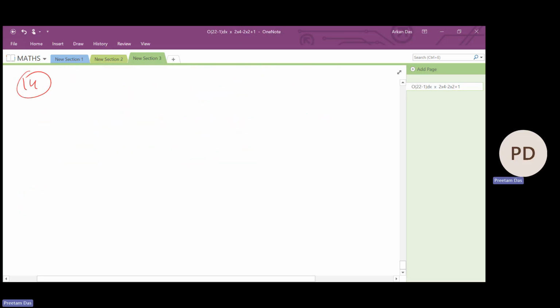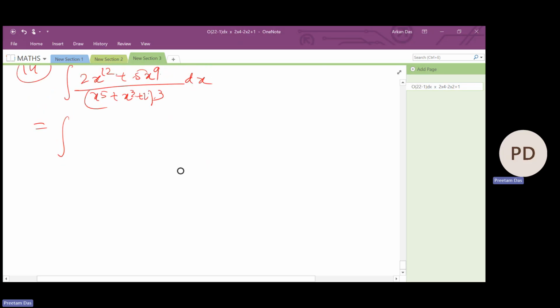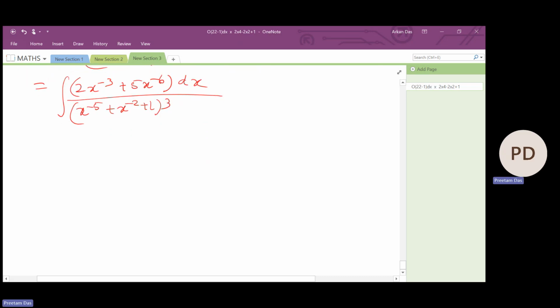Let's go to 14. Again, this is algebra by algebra with a power. What do you have to do here? Take x raised to 5 common from the denominator, put it back to the numerator. Upon doing this, consider this as y.